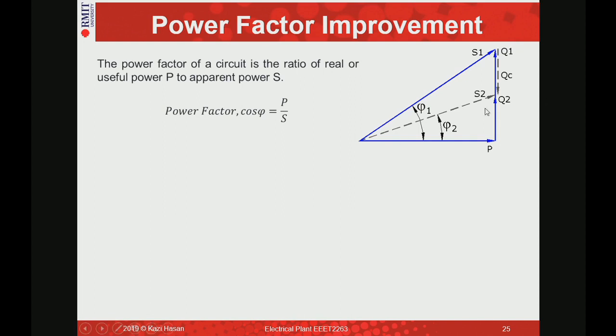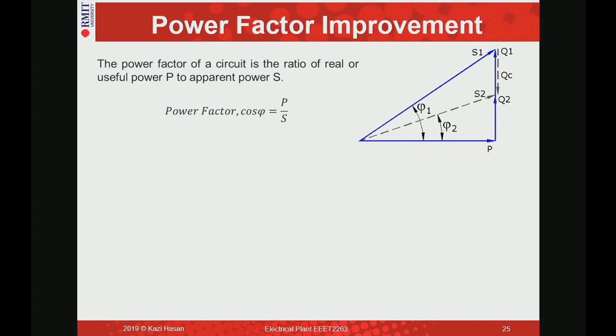So what do we want to do? We have actually power factor Q1. Now for this system, we want to have power factor Q2. It means that we need to have QC, this amount of reactive power, and we want to install a capacitor to get reactive power from that capacitor.